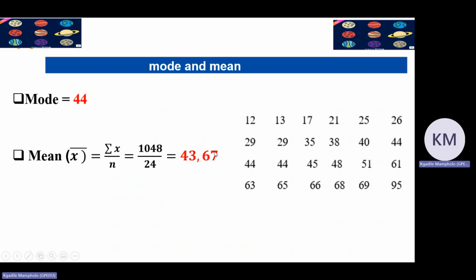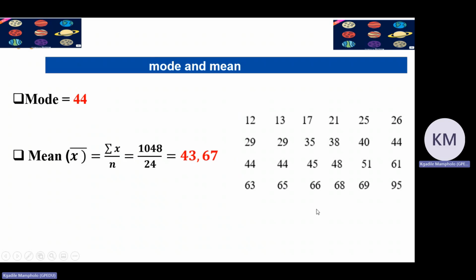So the mean is 43,67. So we can say the class is average at level 3. That is why we say these are the measures of central tendency.